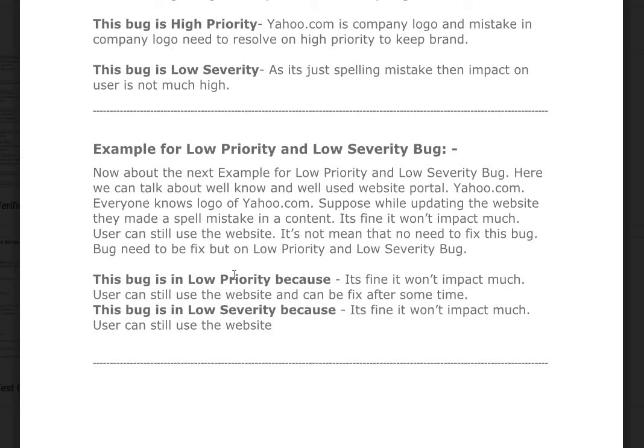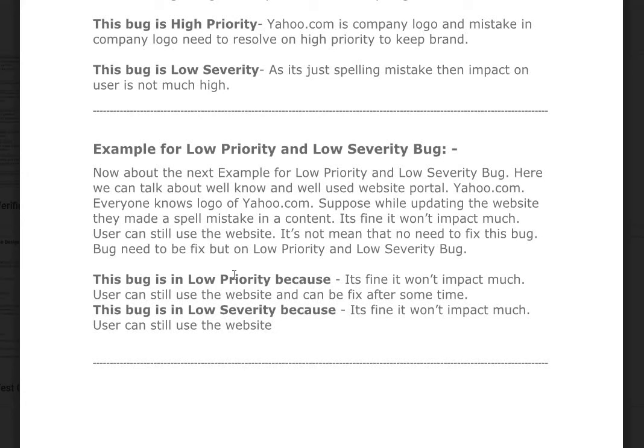In the entire terms and conditions, suppose there is a spelling mistake where terms is mistakenly updated as term, so the S is missing there. This is considered a low priority. Why? Because very few people have their eye on that. It is a grammatical mistake somewhere.